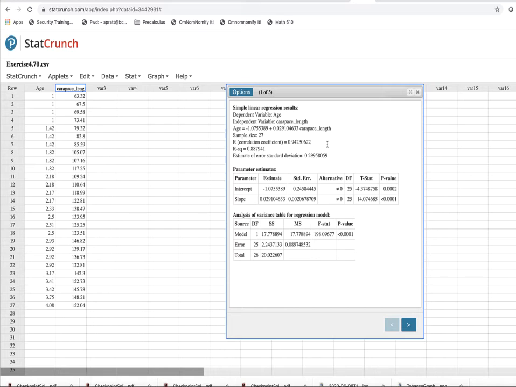We have the regression line. The equation is given right here. We know R, we know R squared. We have our standard deviation estimate. If you wanted to get the intercept and slope from the table, it's right there. So everything that we need is available from this first screen.